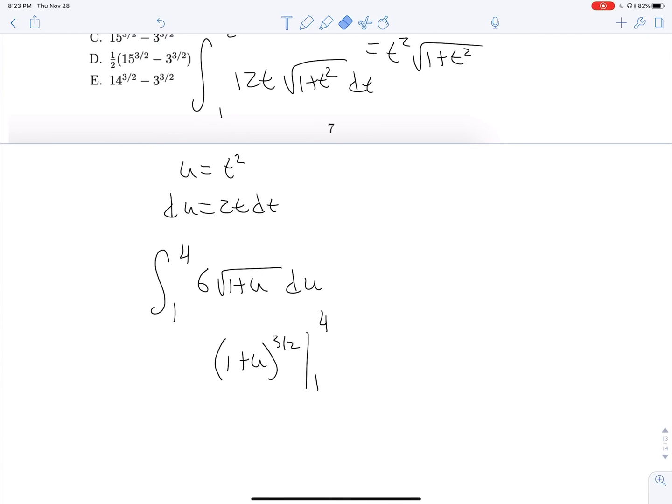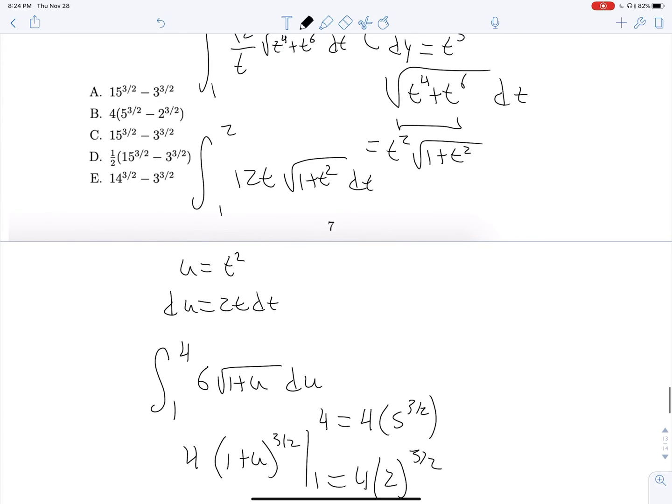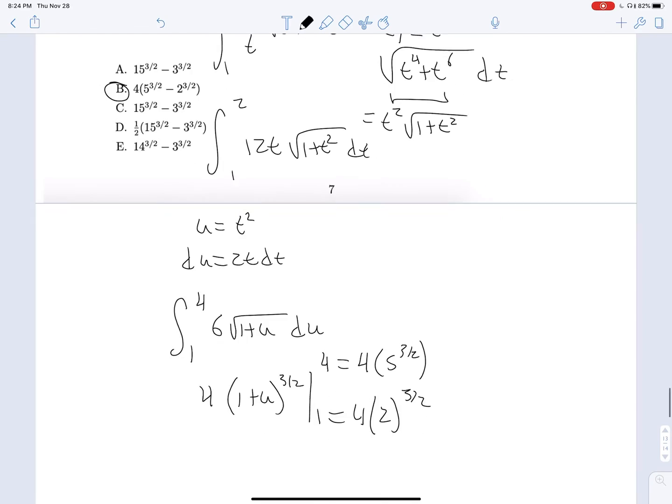This is just going to give us 4 out here. So we get 4 times 5 to the 3/2. And down here we get 4 times 2 to the 3/2. So our answer is answer choice B.